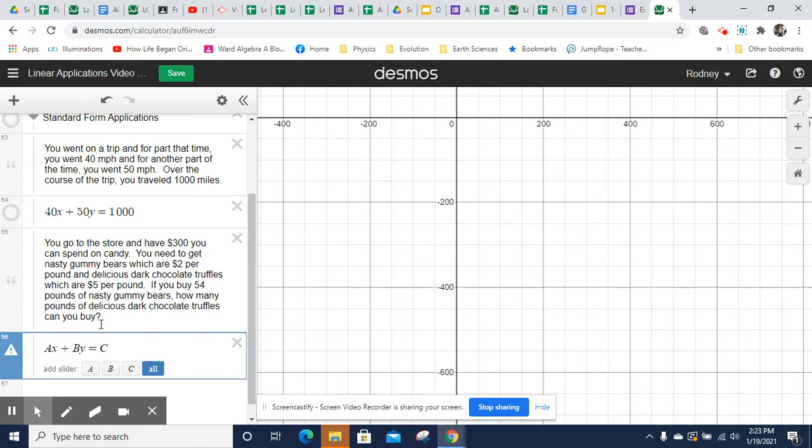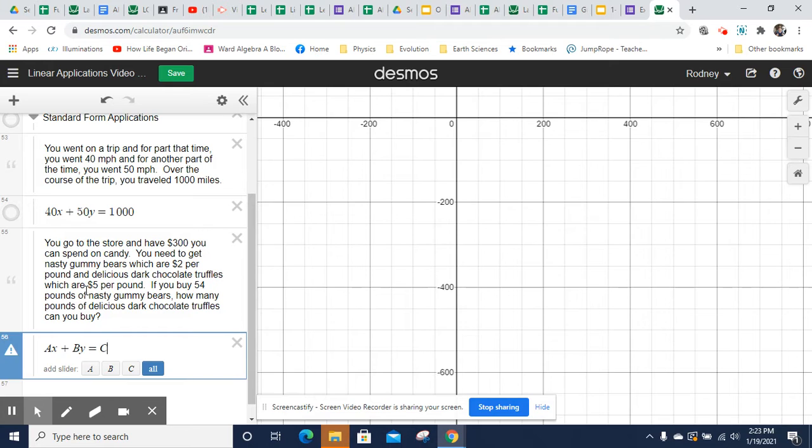Now, the first step here is, of course, to organize this into some sort of equation. Now, $300 is how much you can spend. And how much you spend on gummy bears depends on some unknown number of pounds. It's $2 for each one, but we don't know how many pounds you're going to get.